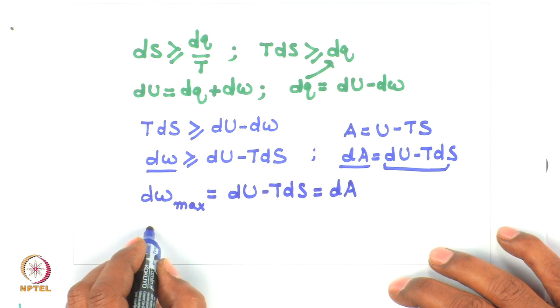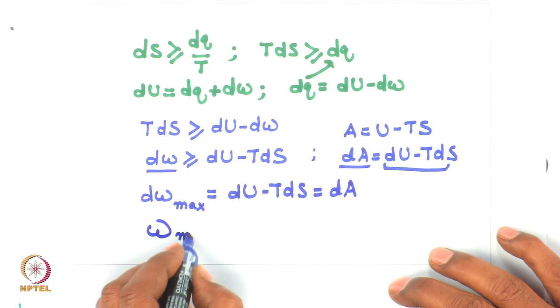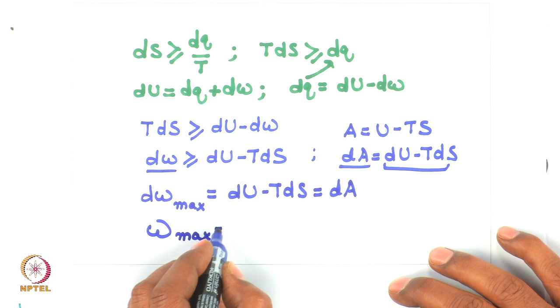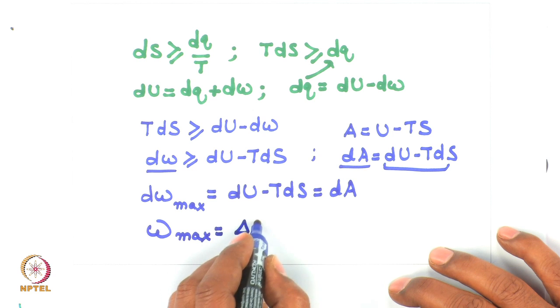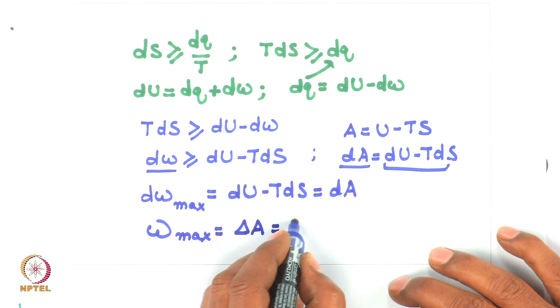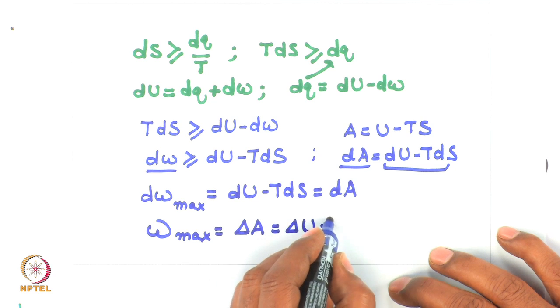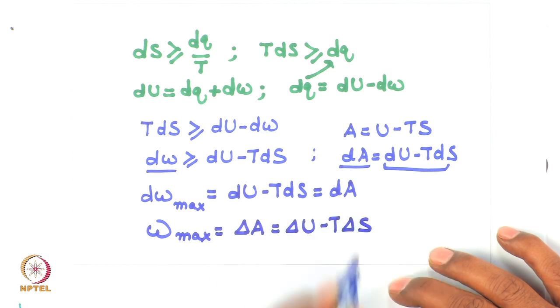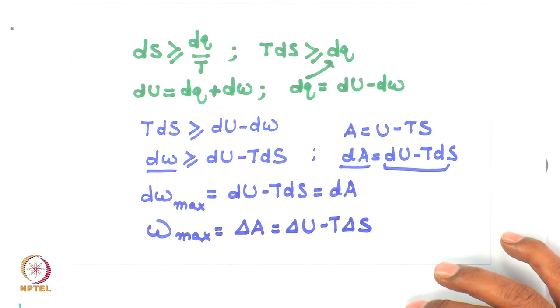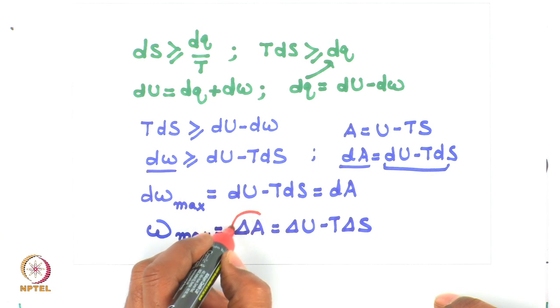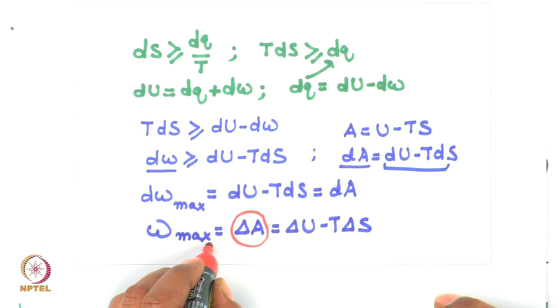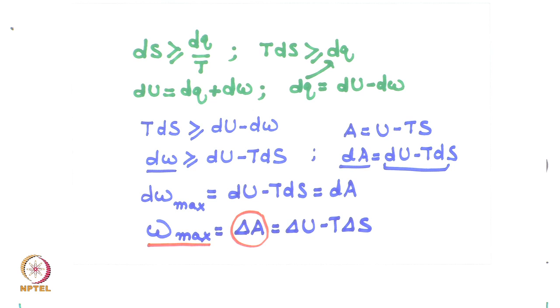In other words, for a finite change, maximum work can be obtained from delta A, which is equal to delta U minus T delta S. Therefore, delta A is a measure of maximum work that a system can do.